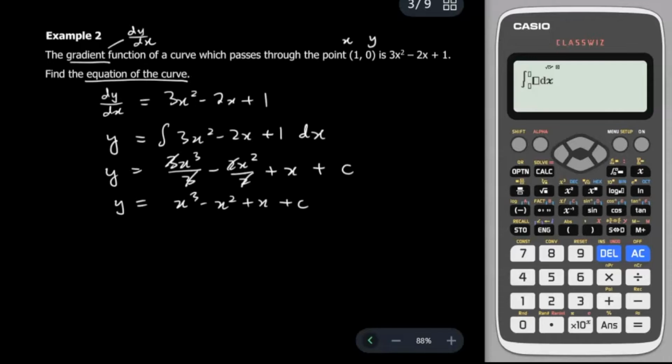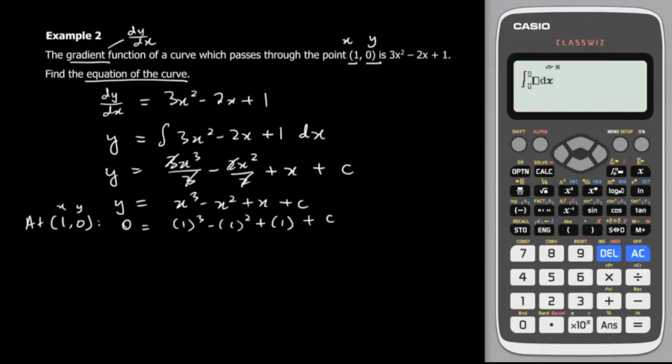So now we need to find what is our value of the constant c. Okay, so we're going to substitute when x is 1 and y is 0. So at coordinate 1, 0. Okay, so this x and this is y. So our y is 0, so equals to 1 cubed minus 1 squared plus 1 and plus c.